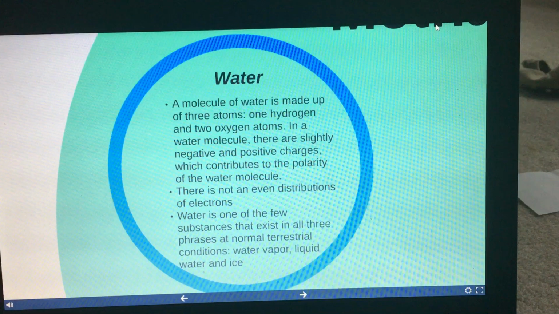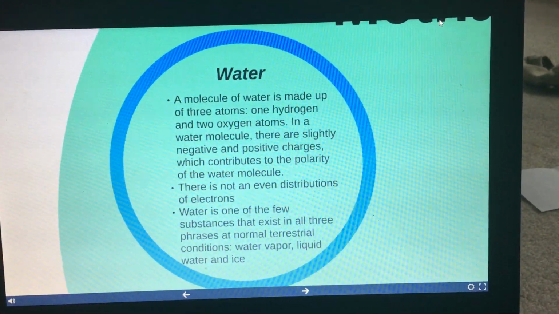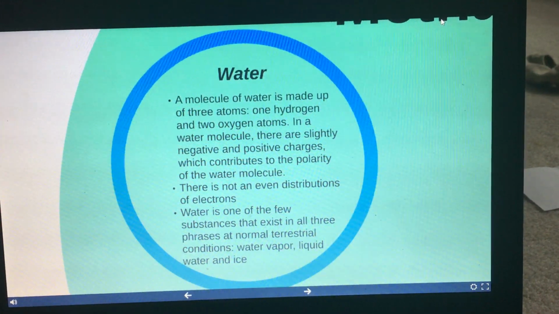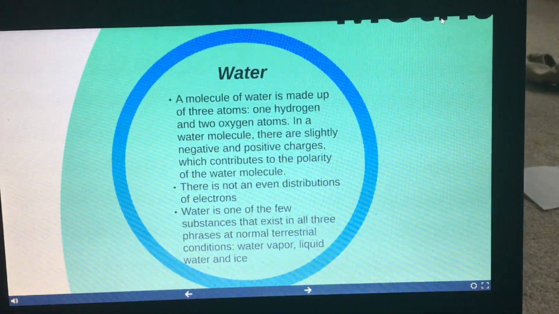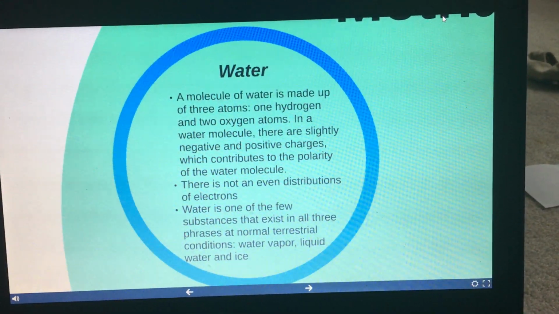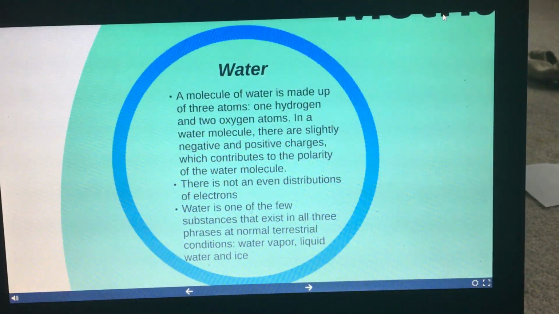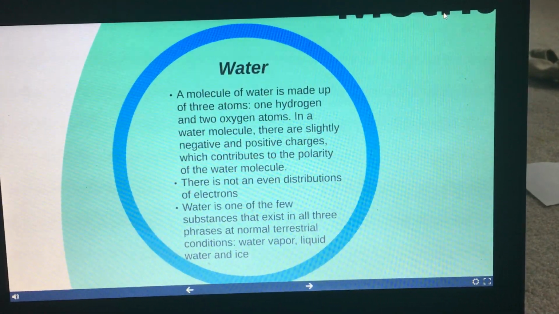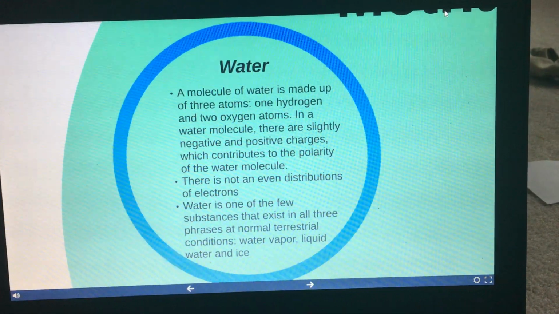There is not an even distribution of electrons within a water molecule, and water is one of the few substances that exist in all 3 phases at normal terrestrial conditions, such as water vapor, which is present in the atmosphere, liquid, which is in all oceans, rivers, lakes, ponds, seas, etc., and ice, which is permanently existing in all cold climates.